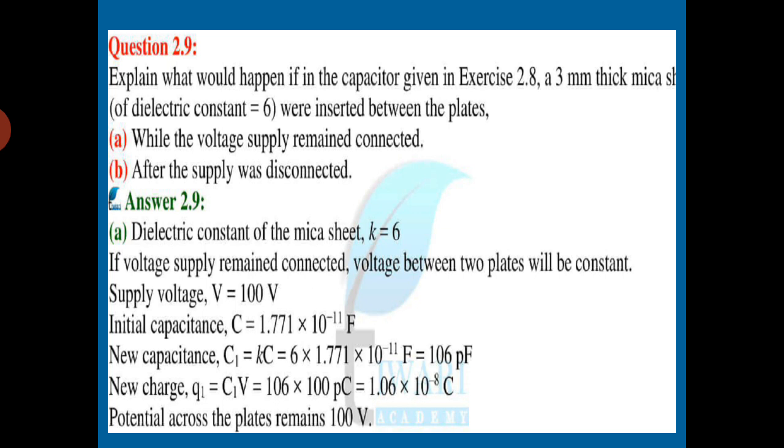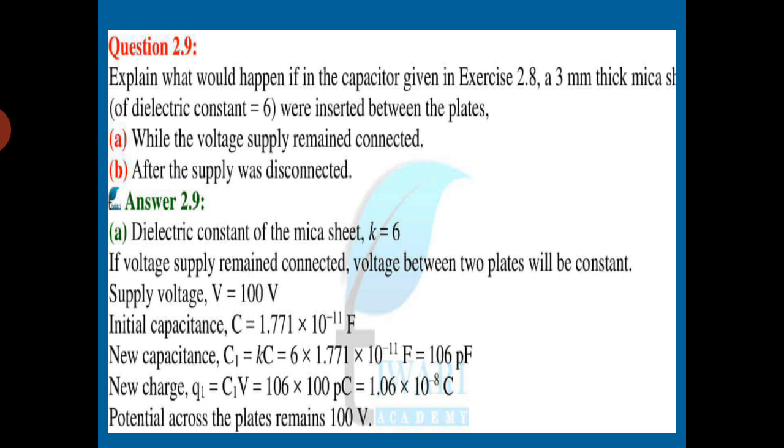So, K is given to you as 6, supply voltage is 100. Initial capacitance we calculated came out to be 1.771 × 10^-11 farad. What will be the new capacitance? We know when a dielectric slab is inserted between the two plates of the capacitor, its capacitance increases.